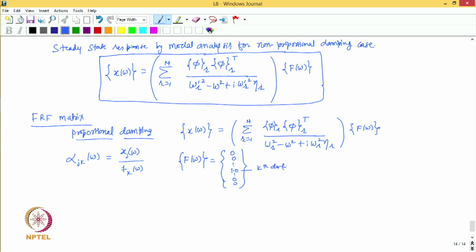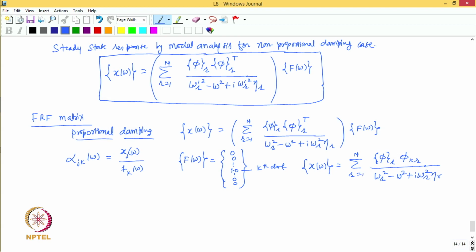So, when that is done, what we get is x of omega, and when we multiply it by phi r transpose, we get phi r times the kth element of the rth vector, phi k r, divided by omega r square minus omega square plus i omega r square eta r, with r varying from 1 to n.